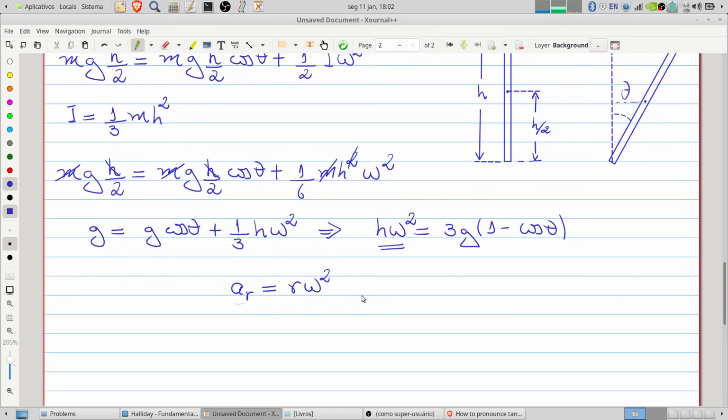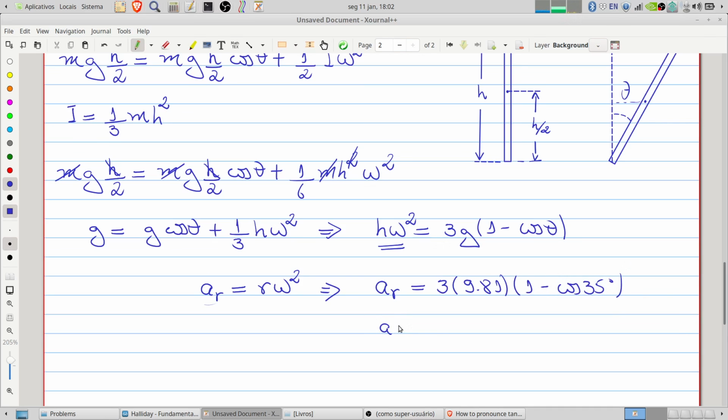Therefore, the radial acceleration will be 3 multiplied by 9.81 multiplied by 1 minus cosine of 35 degrees.